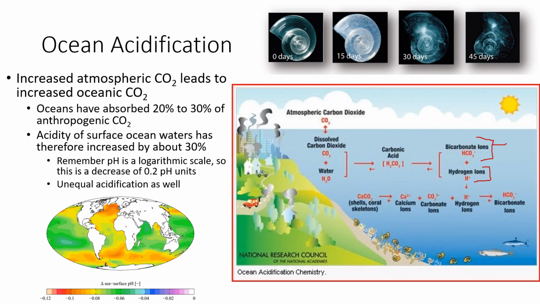Bicarbonate ions are useless for marine organisms. They can't make anything with bicarbonate ions. What they need is carbonate ions. Carbonate ions will prefer to bind with hydrogen ions to create more bicarbonate. So the more hydrogen ions we have in the ocean, the more this reaction is occurring. I'll remove all my boxes and notes to make it cleaner.